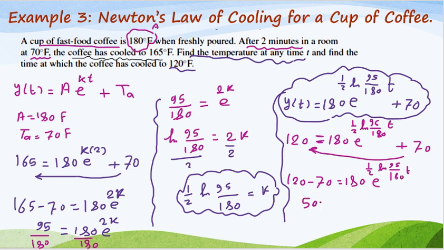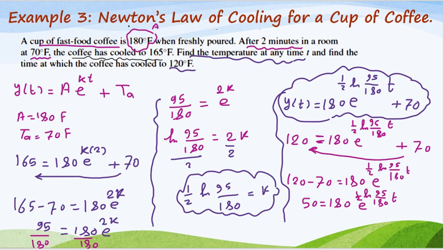So 50 is equal to 180 e to the half ln 95 over 180 times t.